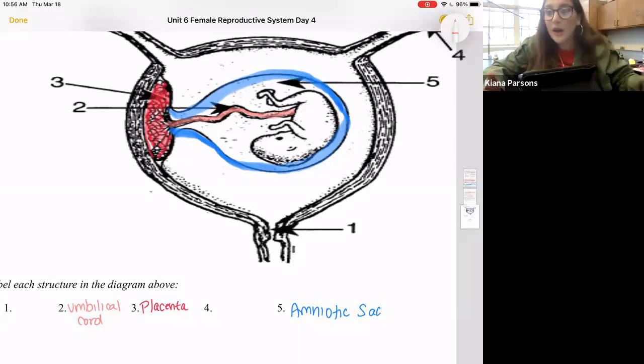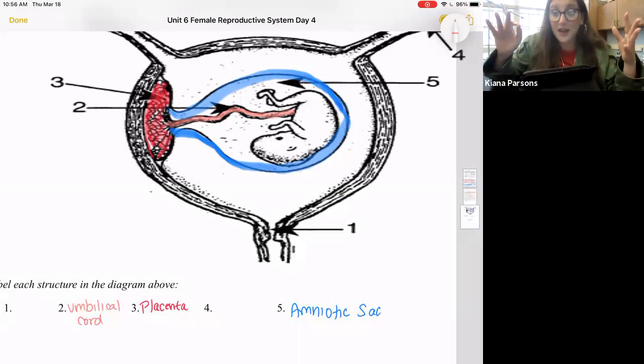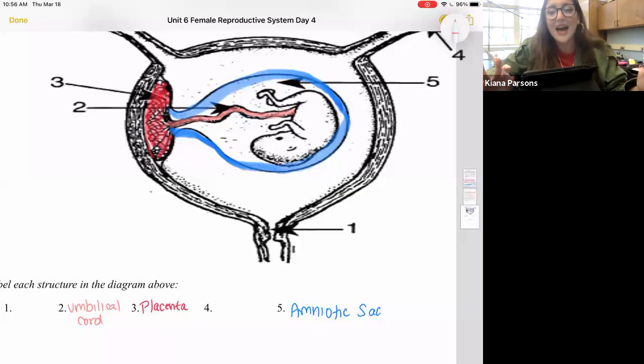But once the baby is born, it is still connected to the placenta, and the placenta will also come out during birth. So after the baby is born, all this stuff comes out after, which some people might not realize. After the baby is born, you have to push one more time for something else to come out, and that is the placenta.